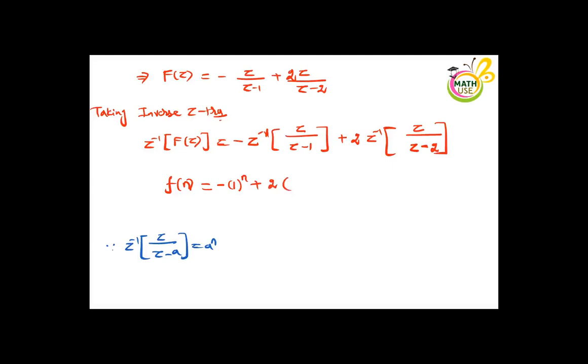In the place of a, it is 2, so we get 2 power n. Therefore f of n is equal to 2 power n plus 1 minus 1. So this is nothing but the solution of the inverse z transform of z square by z square minus 3z plus 2. That's all.